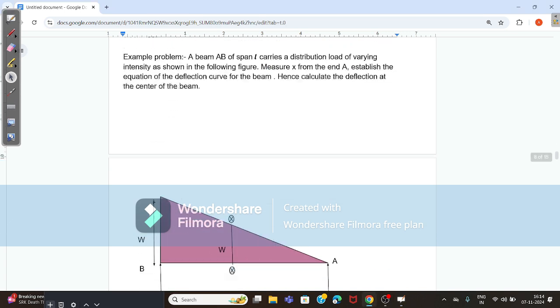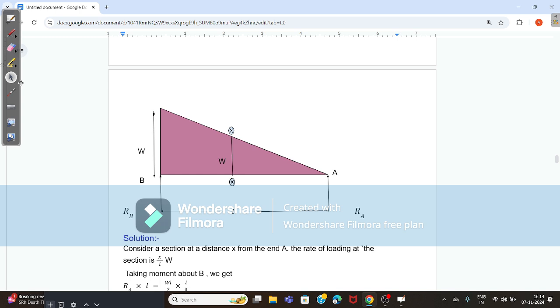Here this is the value of W, with reactions RA and RB, this is the span L, and this is the value of x. Now we have to calculate this x value.